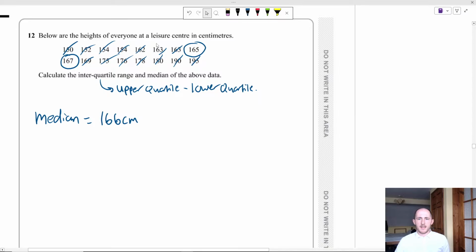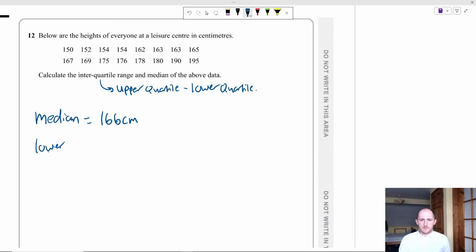For the quartiles, you can do a few different things. One of them is a bit more complicated than the other. So I'm going to show you the way that I personally prefer. This is higher tier. The lower quartile is the first quarter of the values.